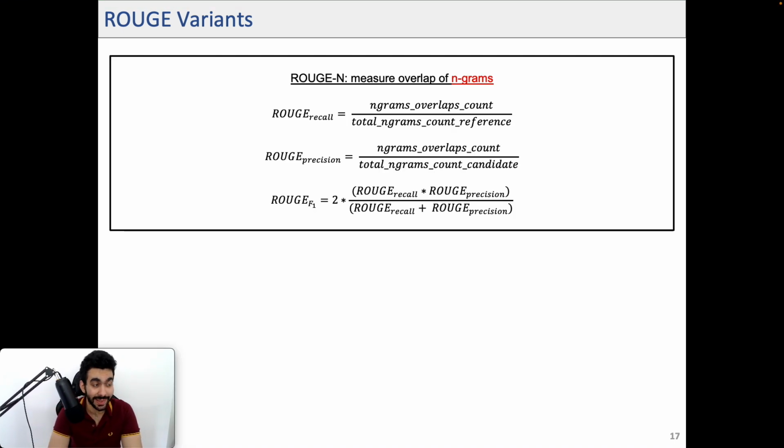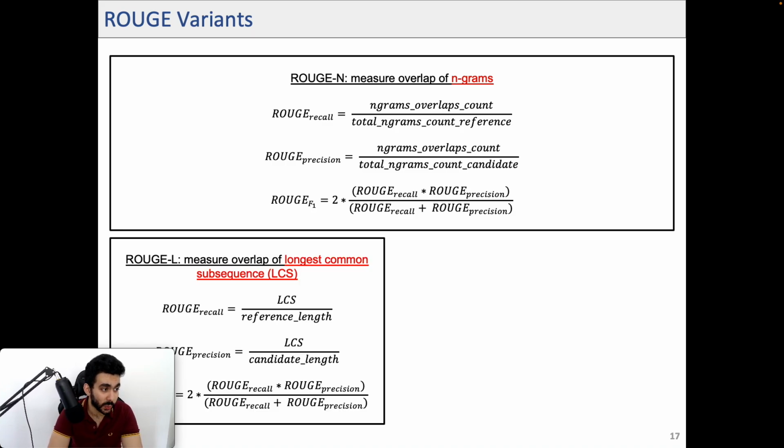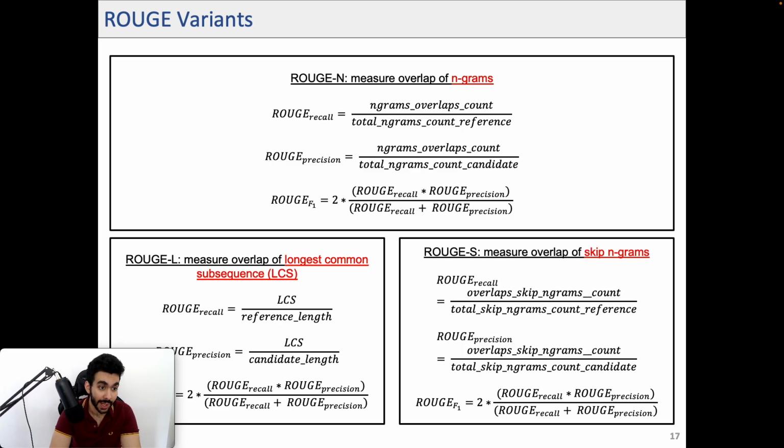First one is measuring an overlap of the n-grams, being unigrams, bigrams, up to the evaluator's choice. Second one is measuring the overlap of the longest common subsequence between the reference and the generated summary. And the third one is going into the skip n-gram.